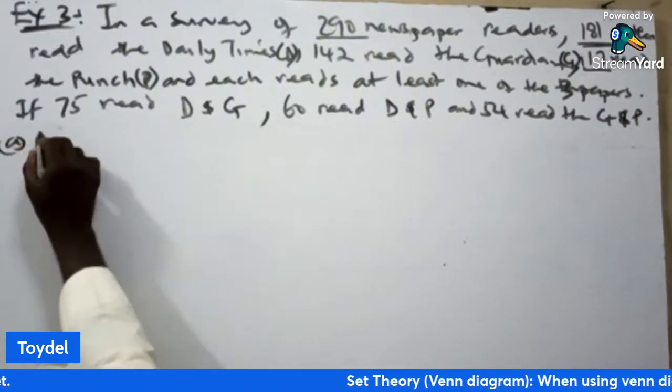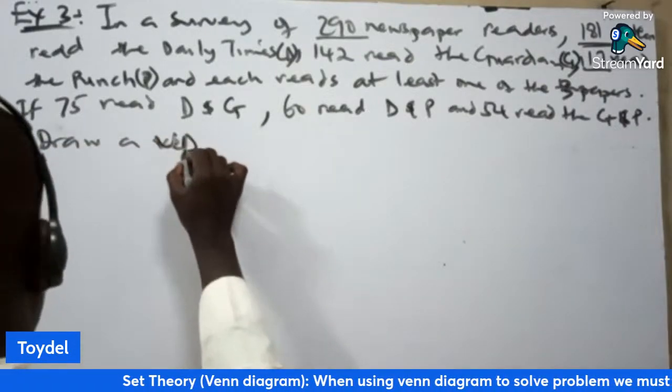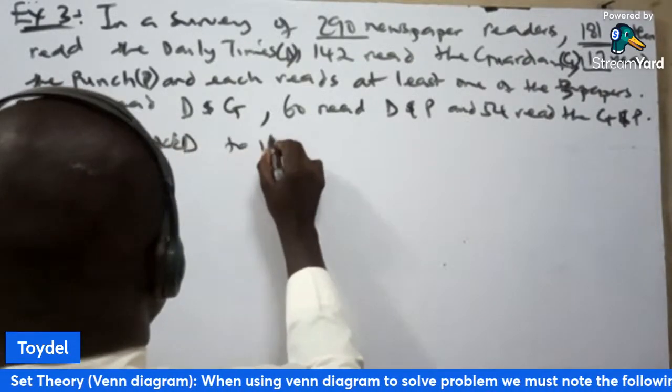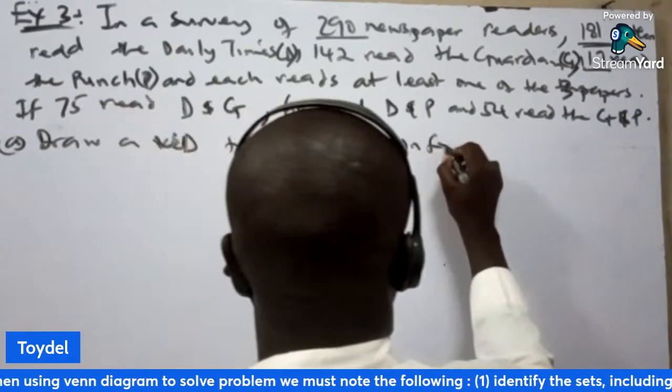The first part says we should draw a Venn diagram to illustrate the information.